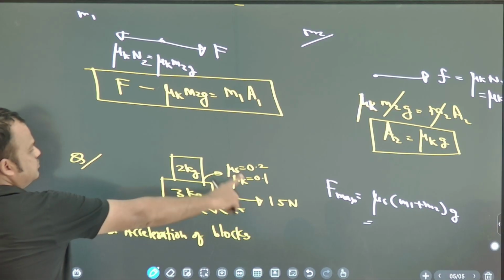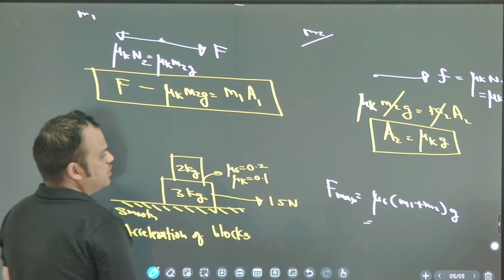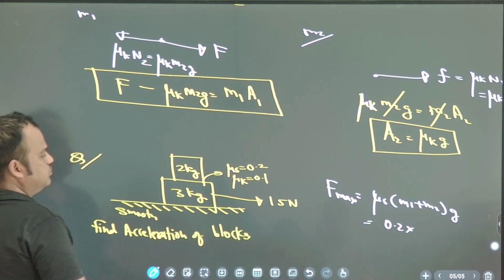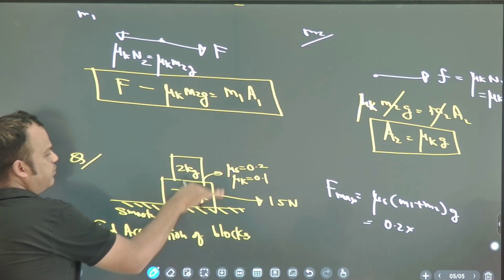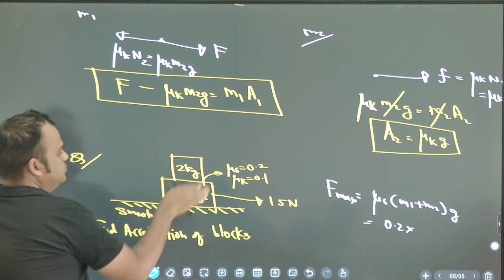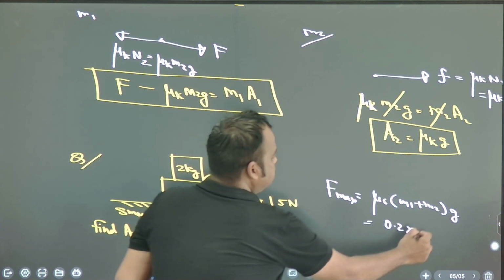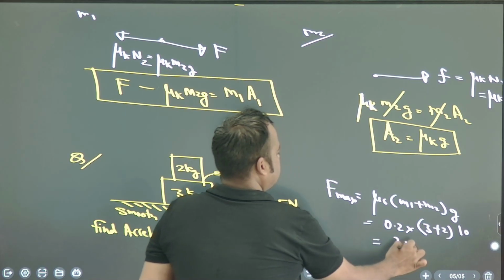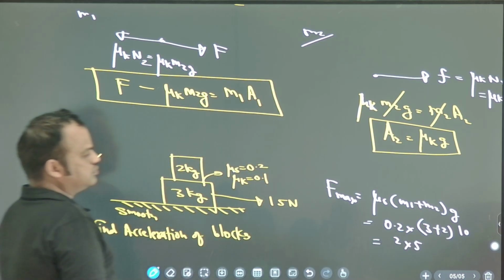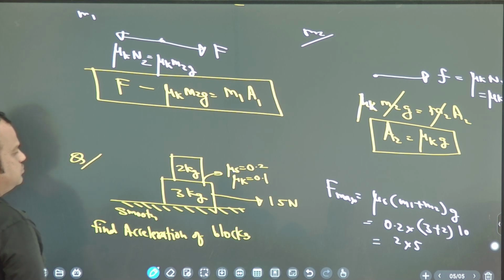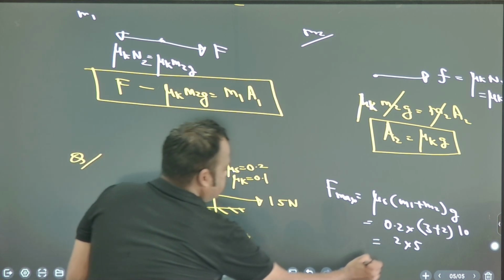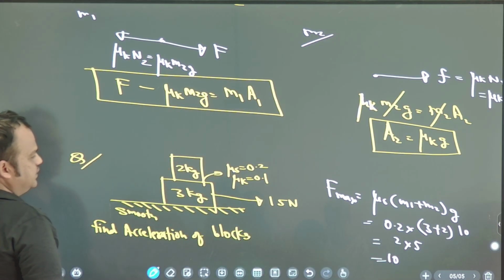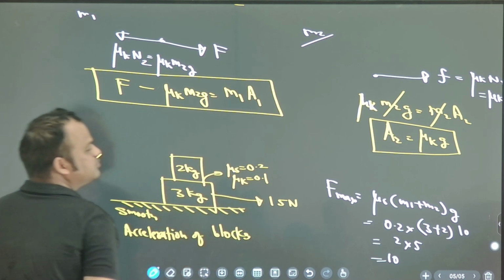Mu s is 0.2. M1 means lower block, M2 means upper block. Slips, correct, good. So F max is 10 and you are exerting 15.